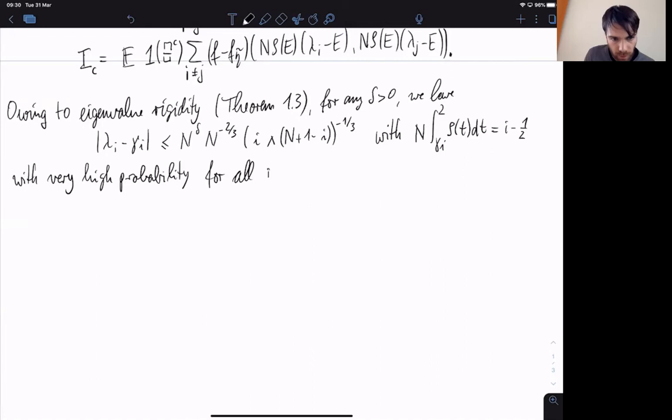And it holds for all I, for all indices of eigenvalues, right?